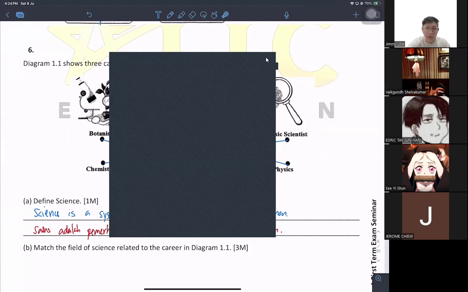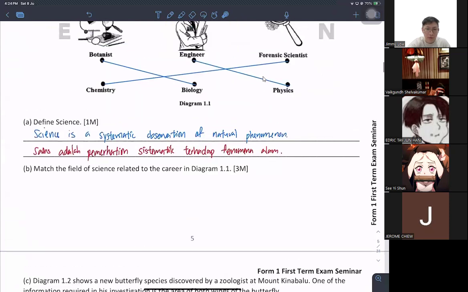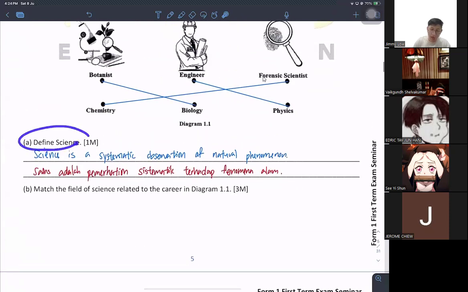Then we define science. When the question asks you how to define science, you have no way to comprehend it, so what you can do is just memorize the sentence. It is actually a scientific observation. Every single observation, every single experiment is systematic. So it is systematic observation of natural phenomena.